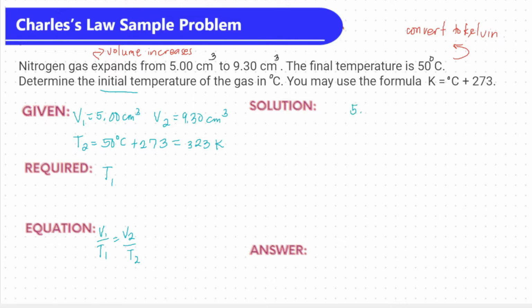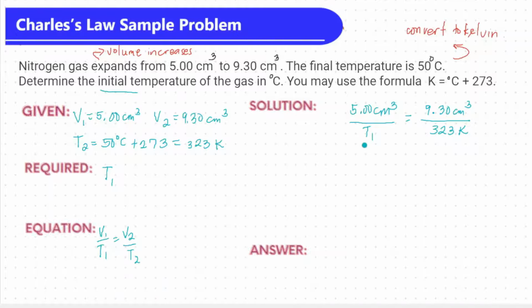Solution, substitute known values. 5 cubic centimeters over T1, which is missing, is equal to V2, 9.30 cubic centimeters over T2, which is equal to 323 Kelvin. So, ito yung sinasabi kong shortcut, no?